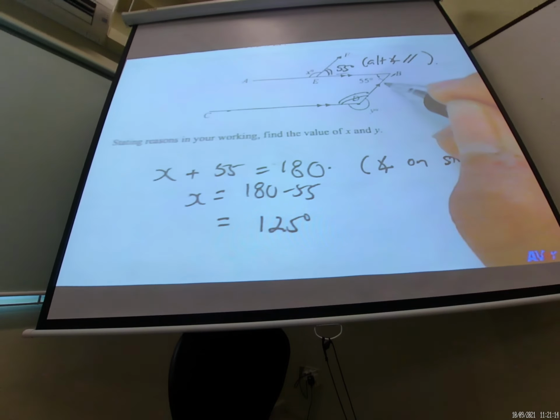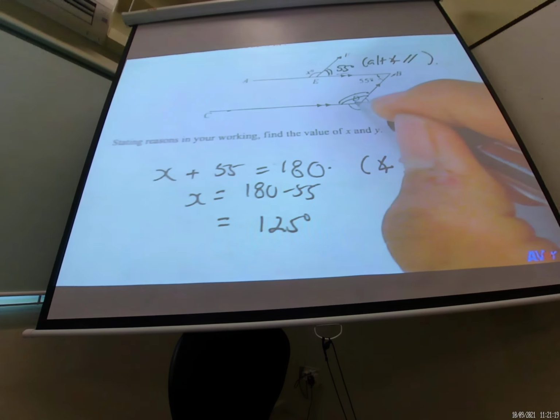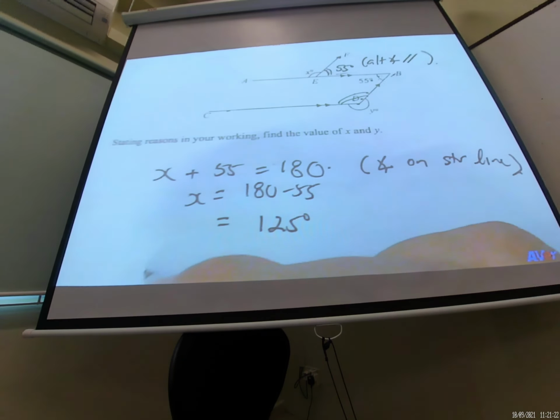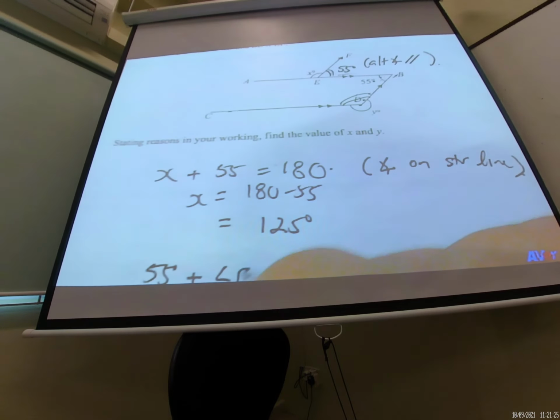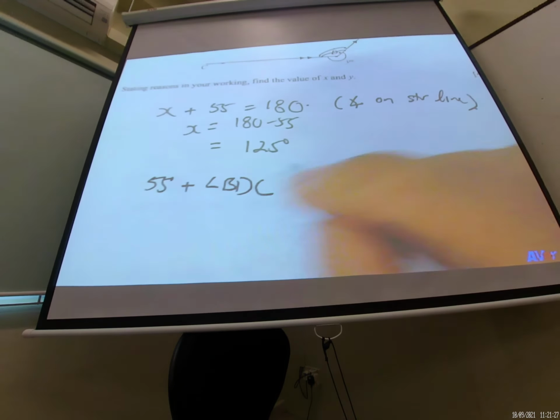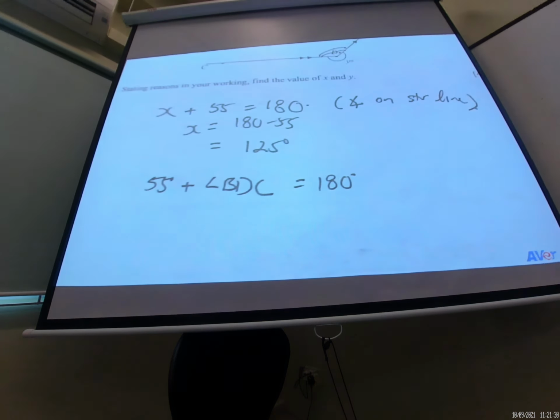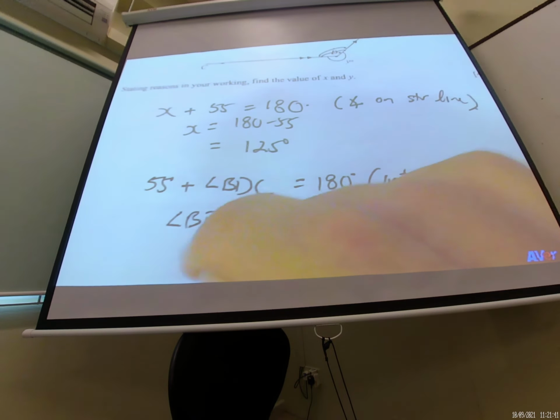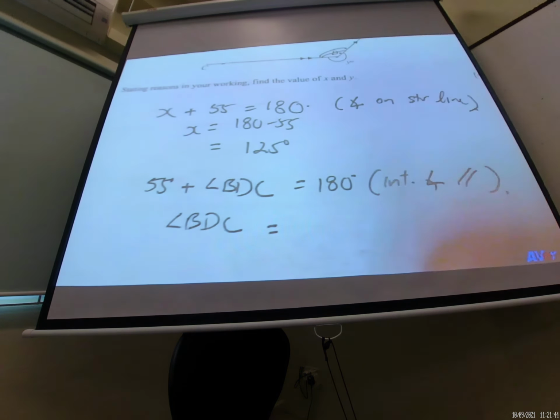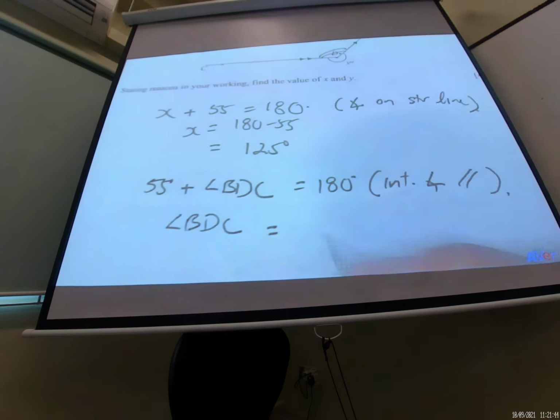This angle and this angle are interior angles of parallel lines. So this 55 plus angle BDC must equal 180 degrees. Why? Because interior angles, parallel lines. Okay, so angle BDC, this big one, is equal to 180 minus 55, also equals 125.